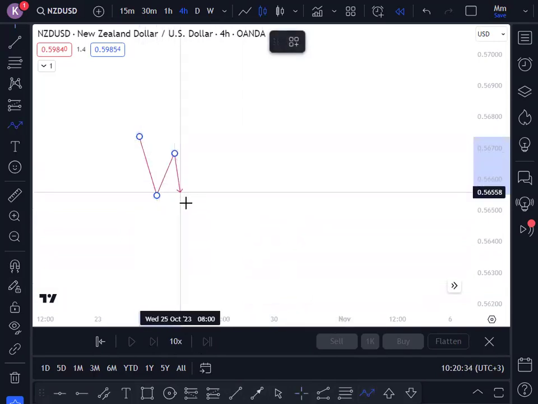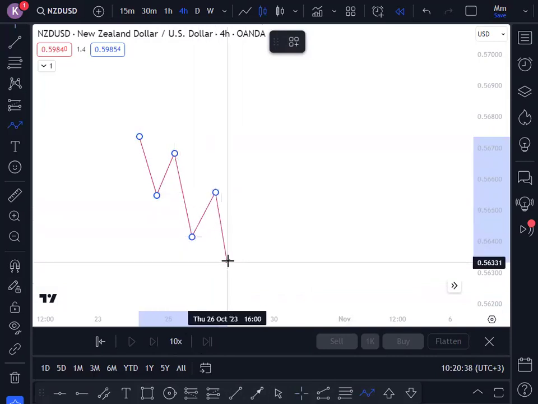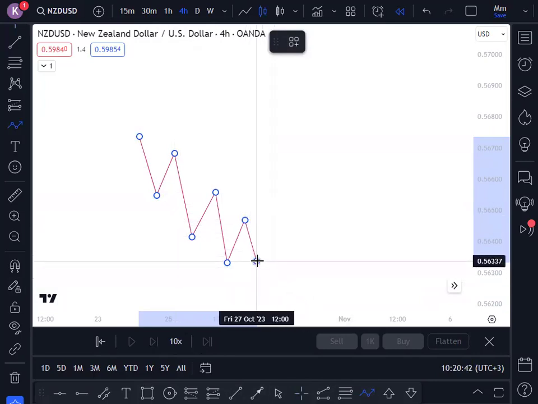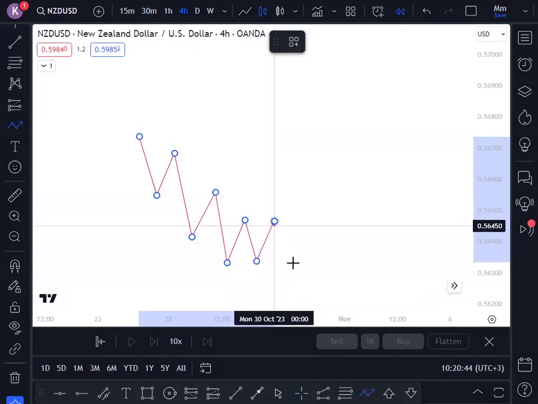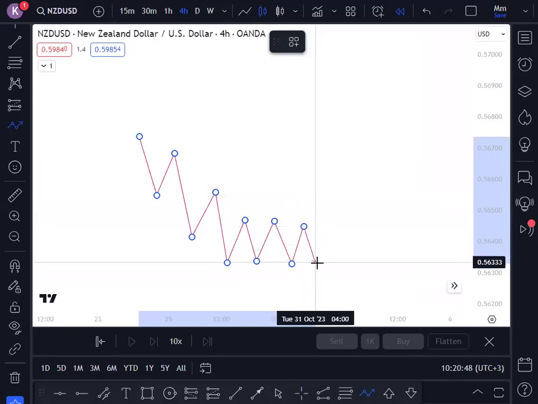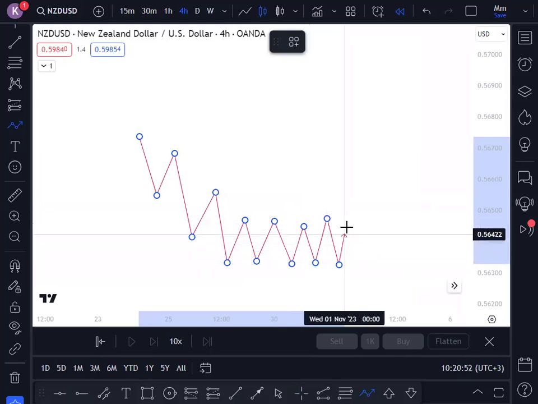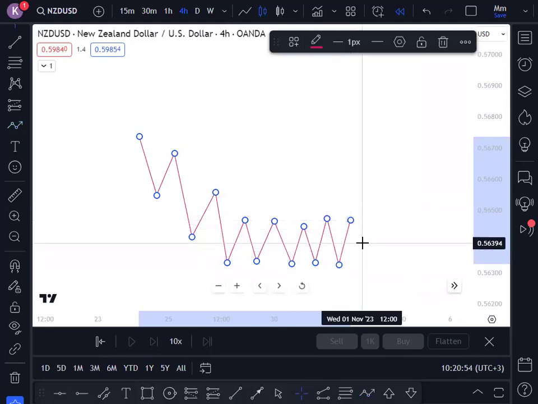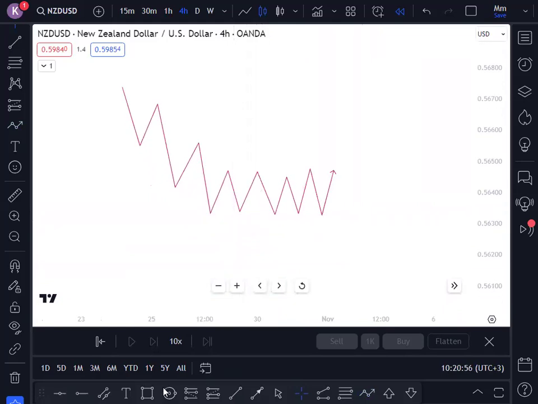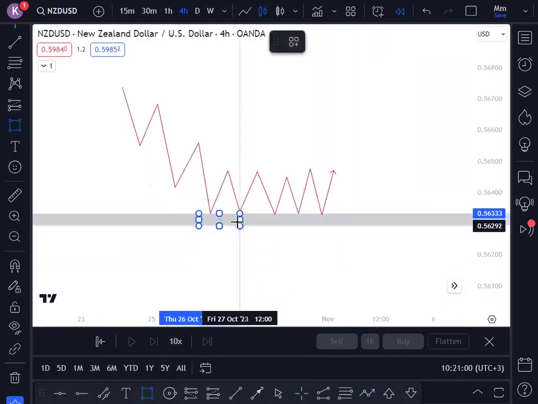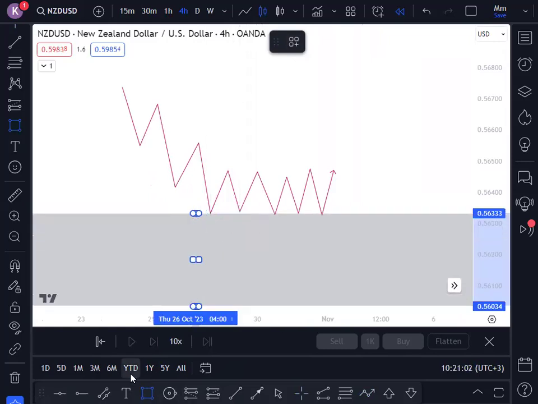So let me see, this is a downtrend move, and as usual, when the market is going down, it forms lower highs and lower lows. Whenever the market is on a downtrend, it will reach a point where it will fail to go further. So this is what we call our support.